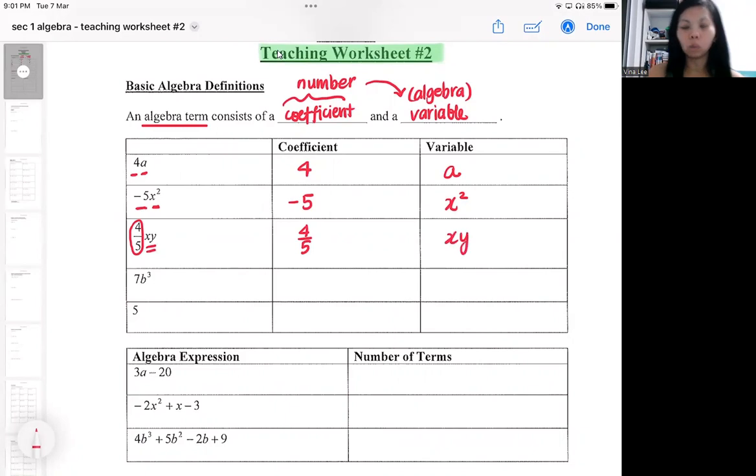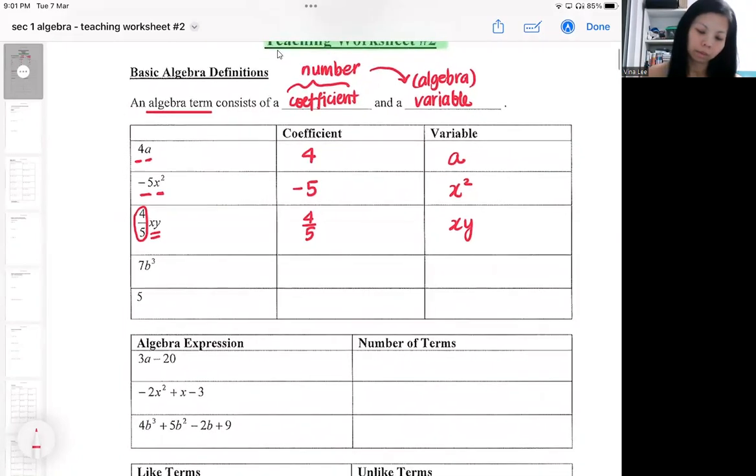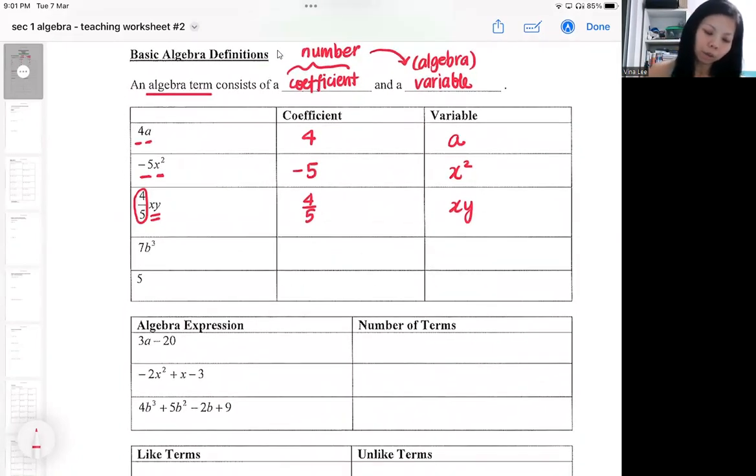So it contains, in a way, two algebra, but we consider them under variable. Okay, 7b cubed. 7 is the coefficient. The variable is b cubed.